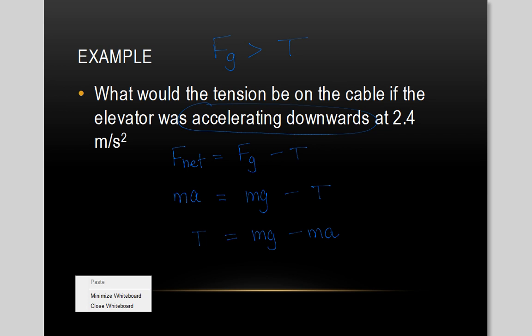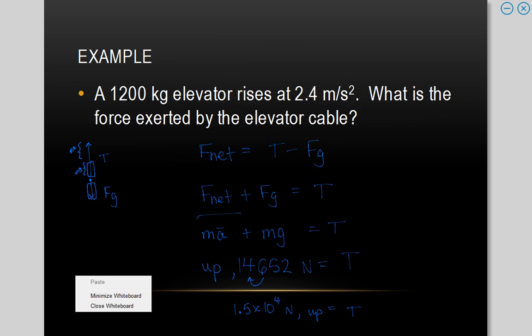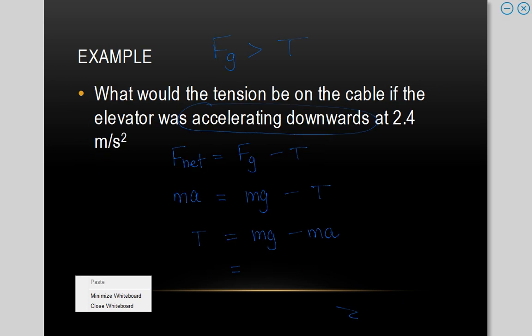You need less pull up than the weight. So you'd have to subtract off another term, which is the net force. Compare it to the last one where you had to plus it. That was the last slide: ma plus mg. Now this one's mg minus ma.